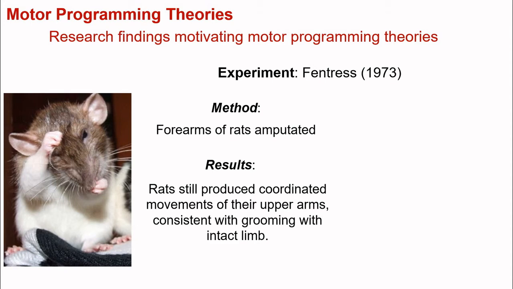What is theoretically interesting here, in the context of understanding a reflex theory, is that grooming patterns could be produced in the absence of typical sensory feedback from the missing limb, for example, from the sensation of the hand making contact with the tongue. This kind of connection would be the basis for a reflex theory-based explanation of this behavior.